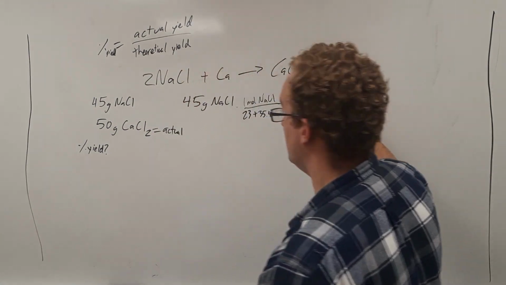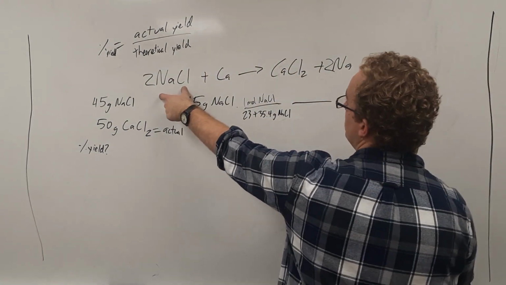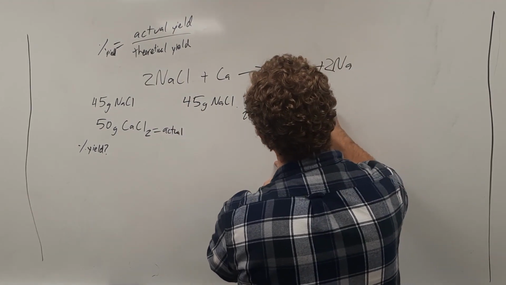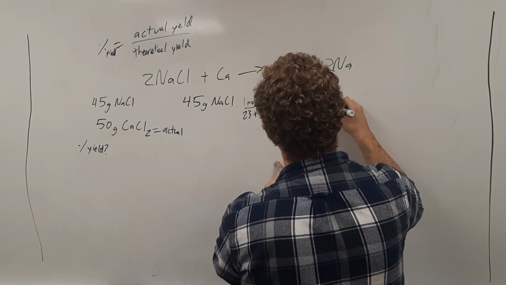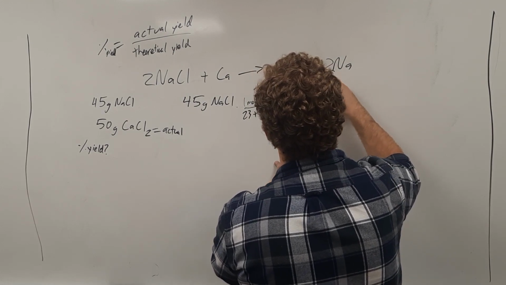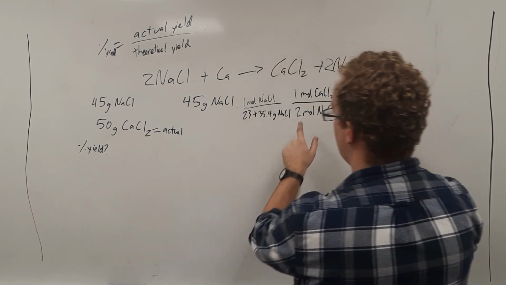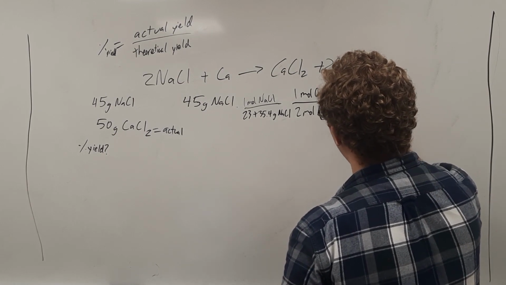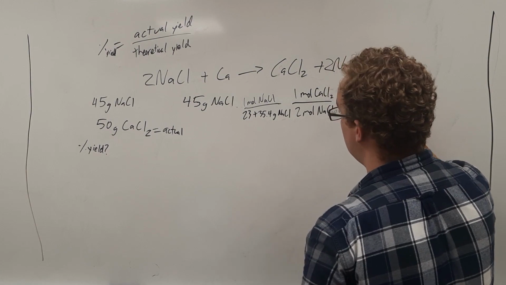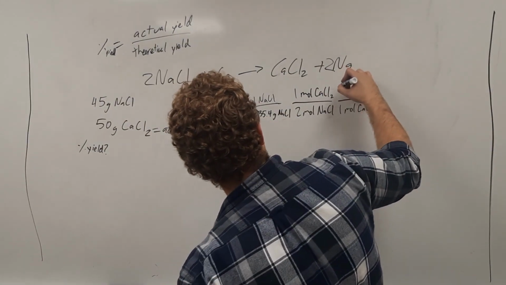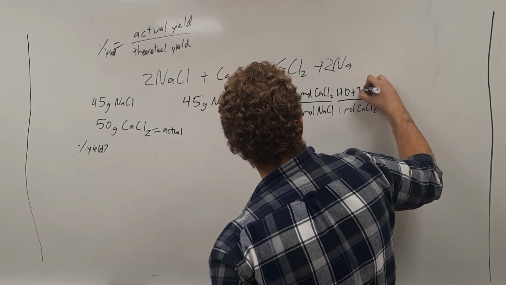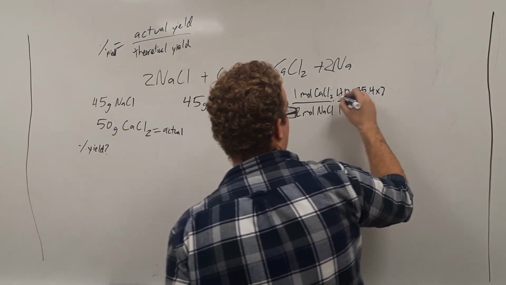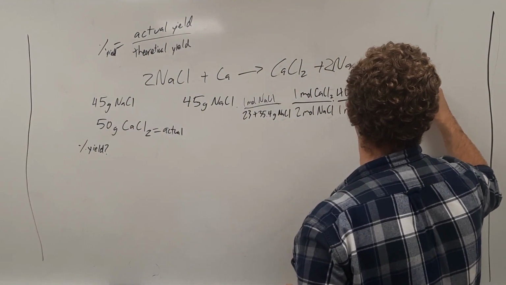And then I'll think about ratios. So for every 2 moles of NaCl, we'll produce 1 mole of CaCl2. So I'll say 2 moles of NaCl there, 1 mole of CaCl2. And then I'll convert that to grams, again, using the molar mass. So 1 mole of CaCl2 is equal to 40 plus 35.4 times 2, because there are 2 chlorines in there, and that's grams of CaCl2.